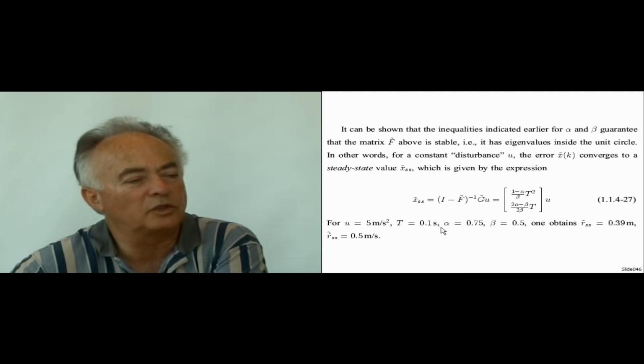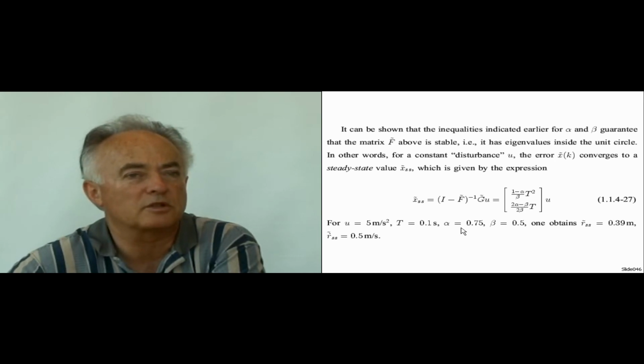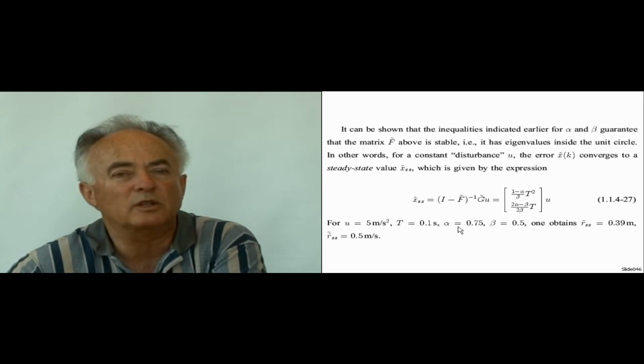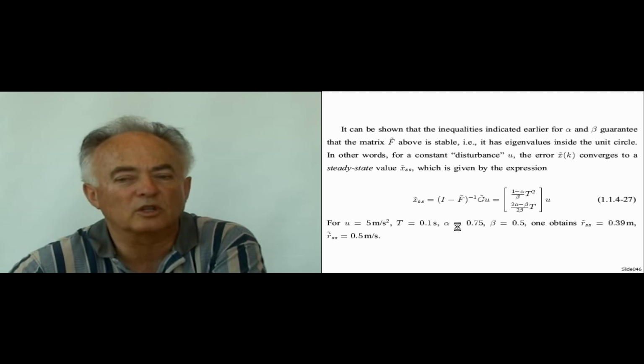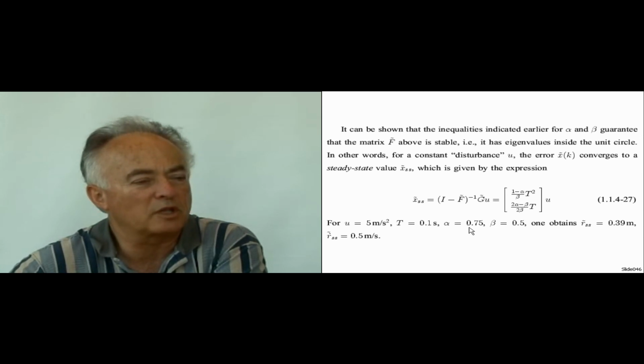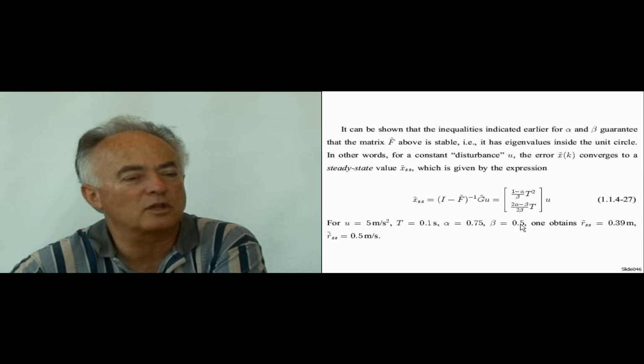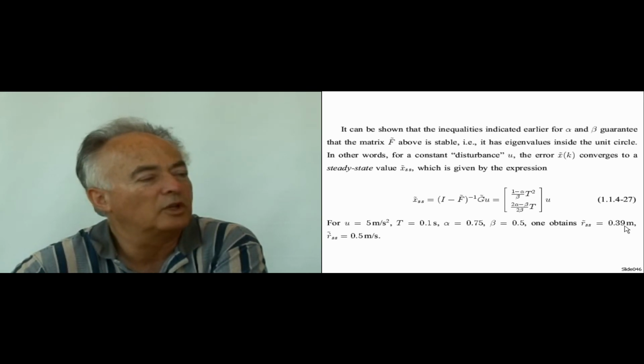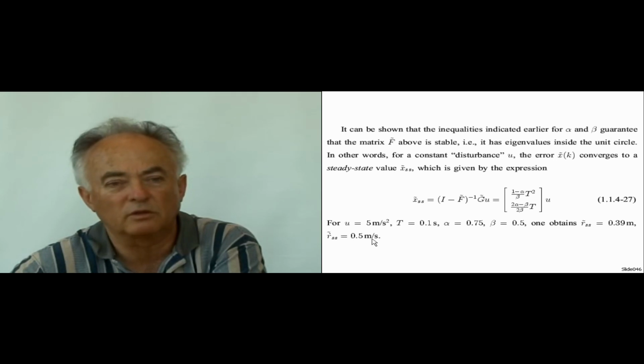The gains for the filter, which I cannot justify at this point, but we'll see a systematic way how you can design a filter, how you can come up with gains based on the properties of the system. Alpha is 0.75, beta is 0.5. We obtain the steady state range error as 0.4 meters, a little bit over a foot, and the range rate error as 0.5 meters per second.